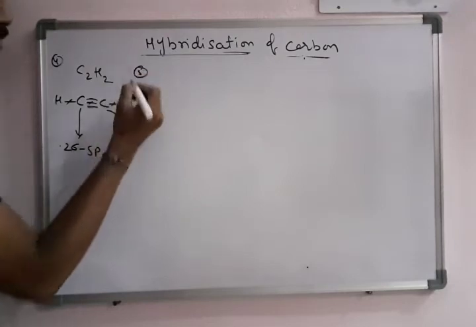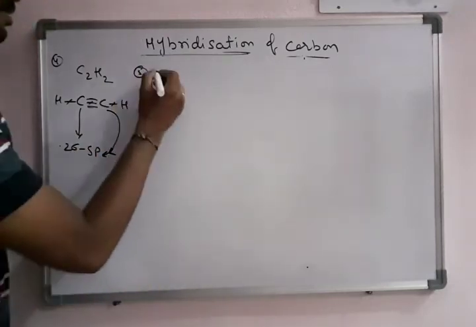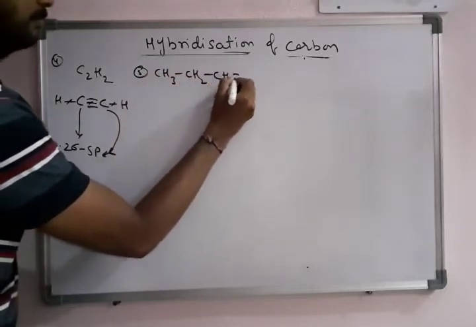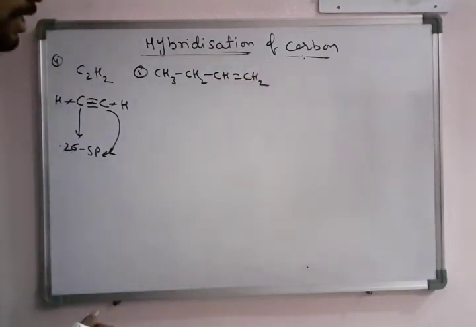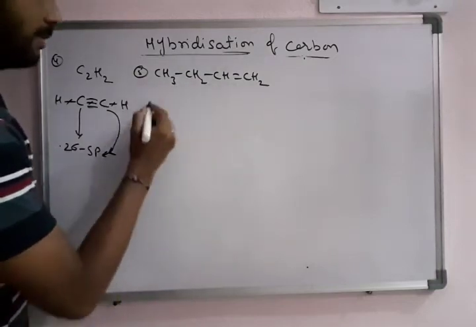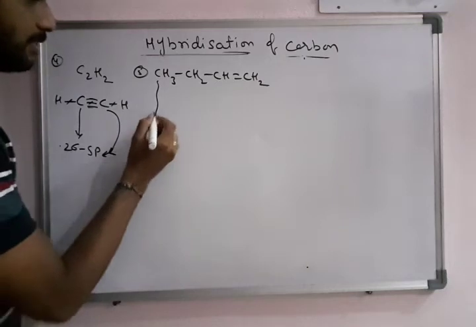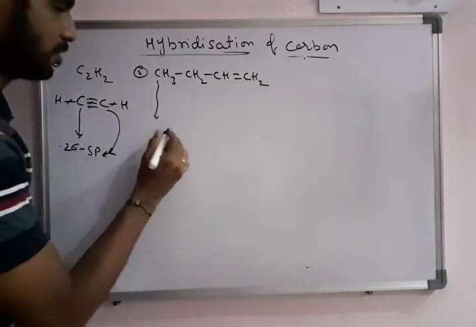Now we see some compounds in which the carbons undergo different hybridizations. For example, we are taking this organic compound. We need to identify the hybridization of all these carbons. For this example, we are expanding the total structure.